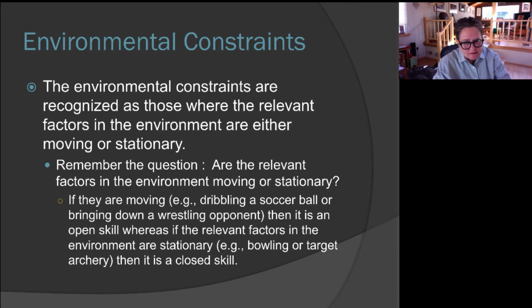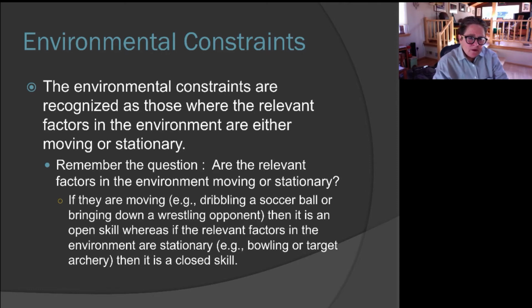We've defined these as either open skills or closed skills. And if you remember, Barbara Knapp referred to these as habitual versus perceptual skills. Closed skills would be habitual, open skills would be perceptual.